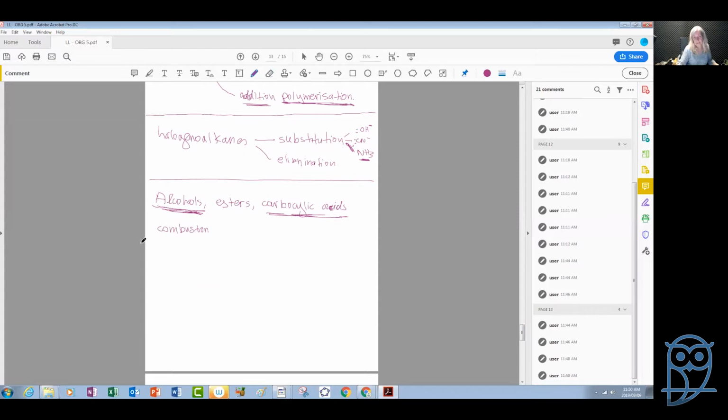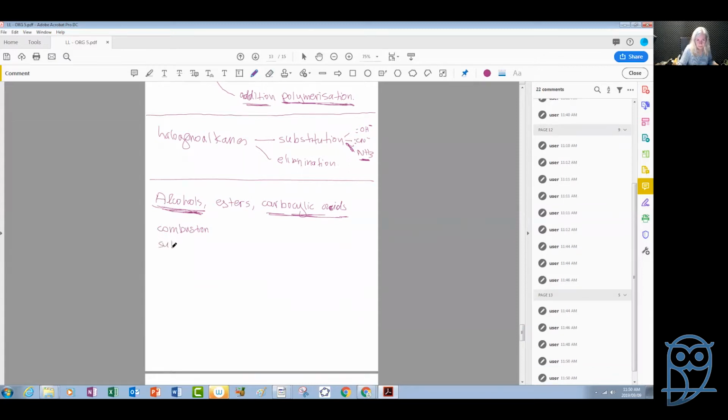Then, of course, substitution reactions, and they also react with sodium or reactive metals. The esterification, very, very important.